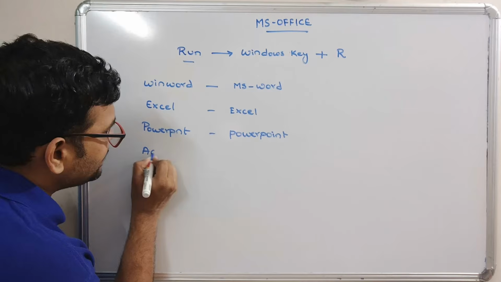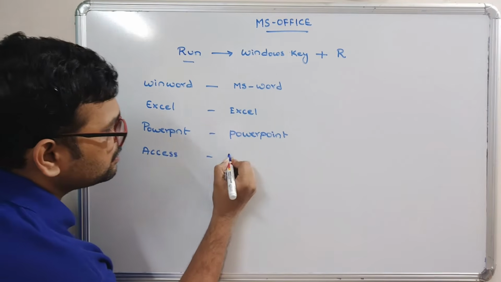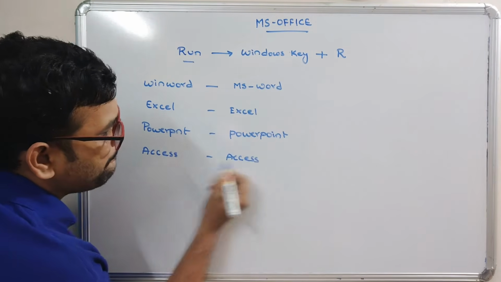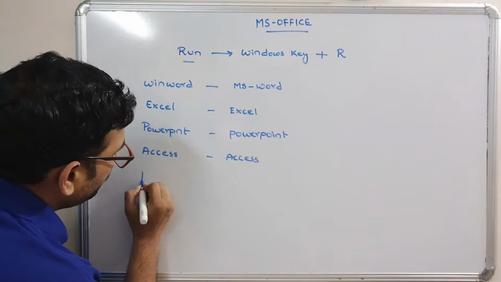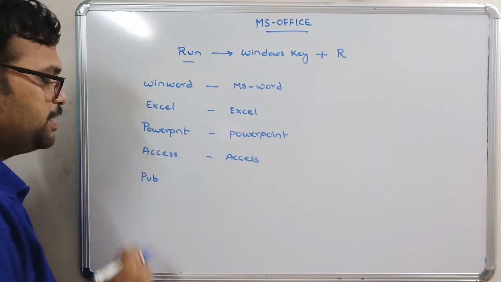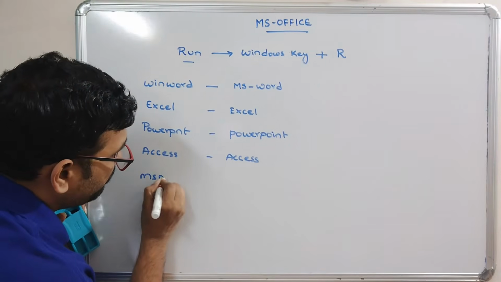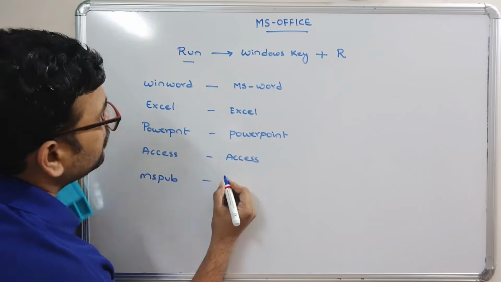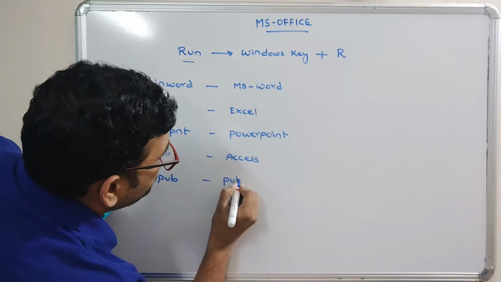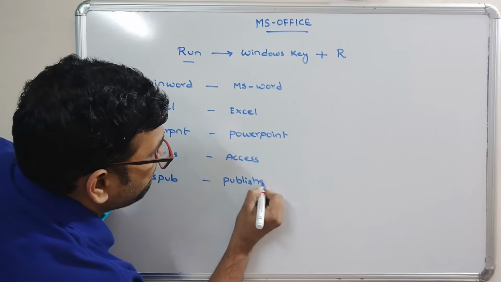And similarly Access, just type Access, so Access will be opened, right? And then Publisher, just go with MS Pub, so that Publisher will be opened.